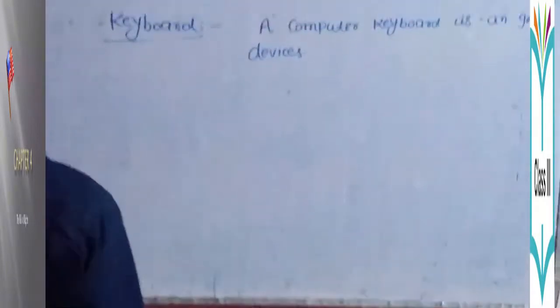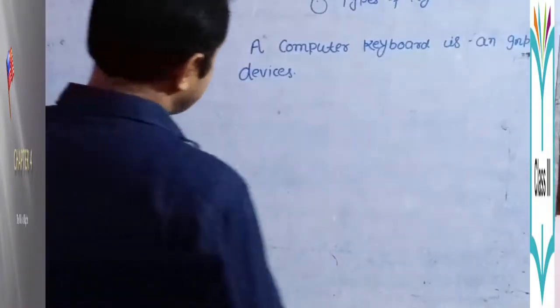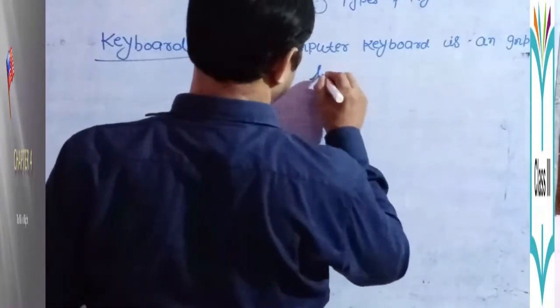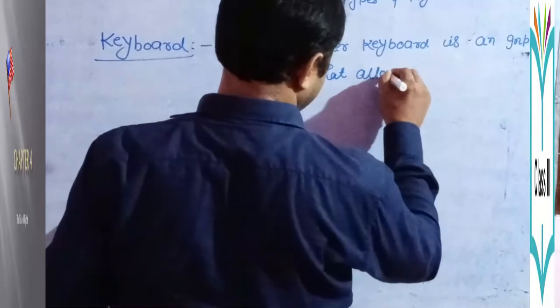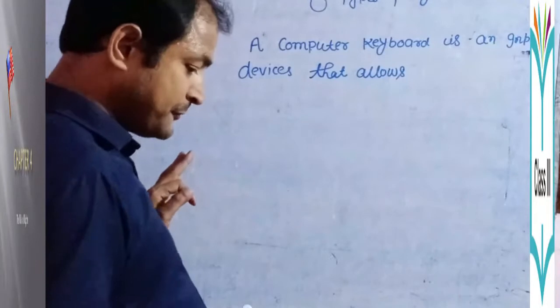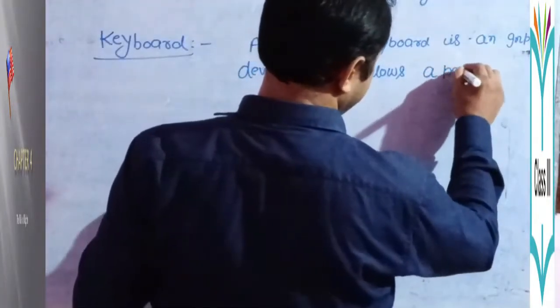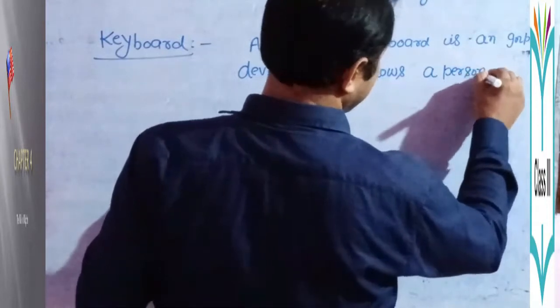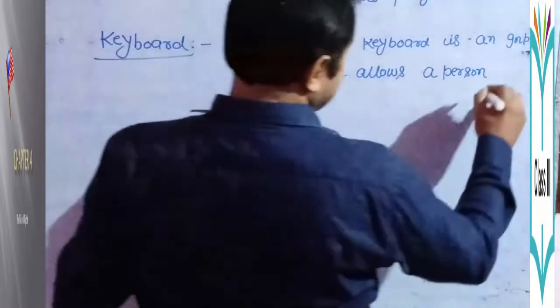I write this down. So what is the keyboard? A computer keyboard is an input device that allows a person to enter text.